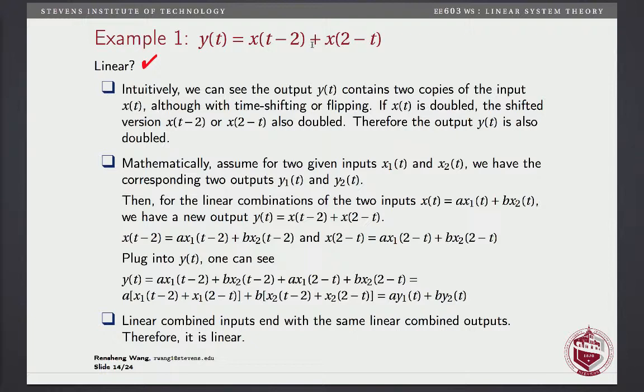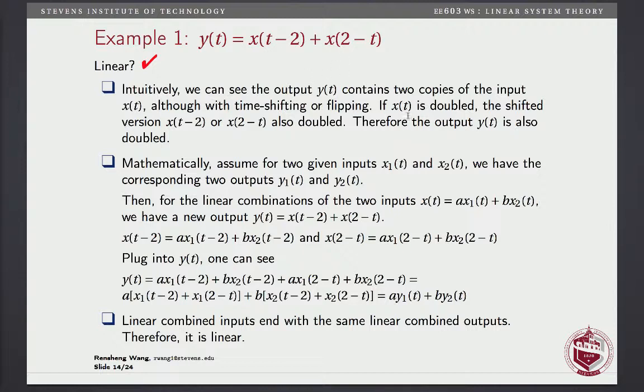Why? Because the output contains two copies of the input x(t), also with some time shifting or flipping, which I don't care about. The linear system only cares about how the magnitude of the output changes when we change the input magnitude. It doesn't care about the shifting over time.